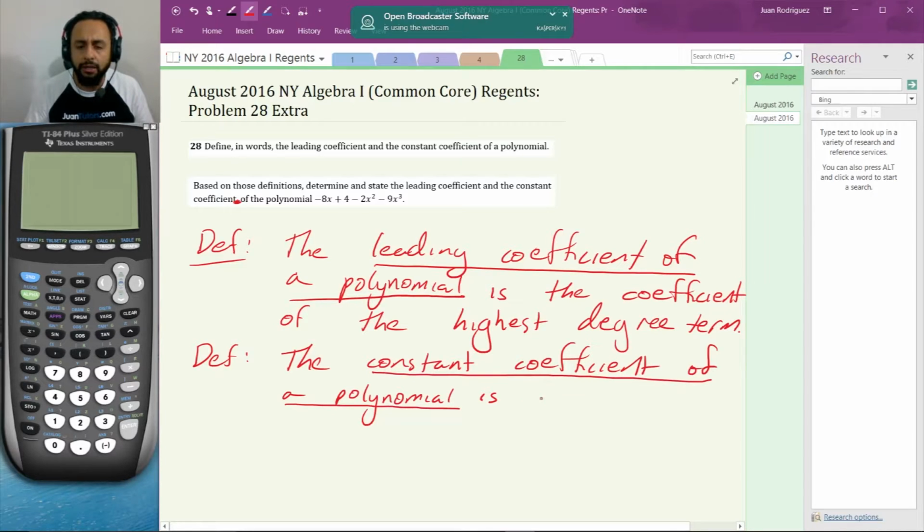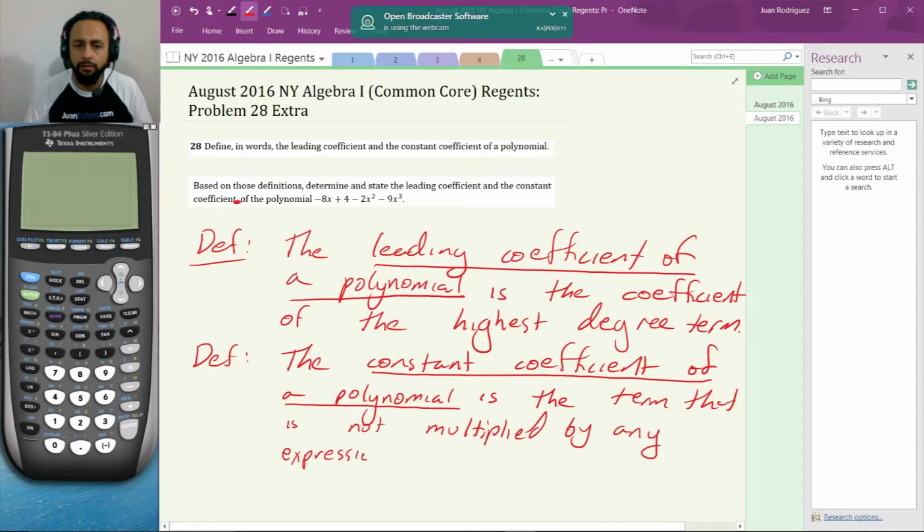Okay, so it's the term that is independent of the variable, and they would accept this definition: not multiplied by any expressions involving x. So in this case, the constant coefficient is 4.